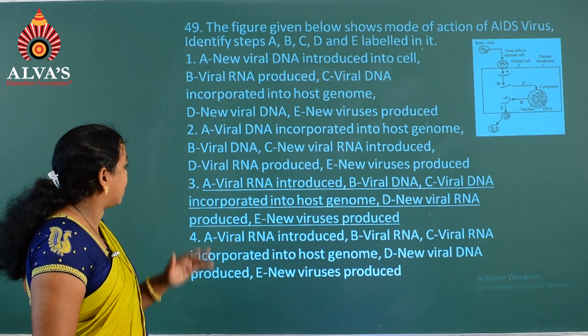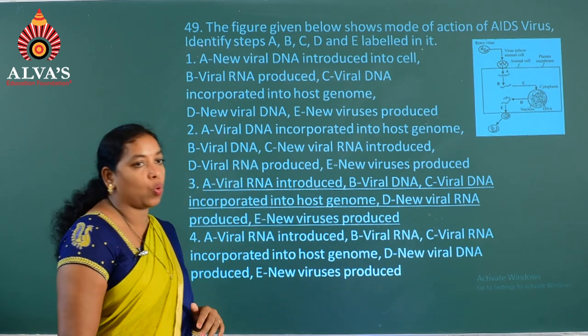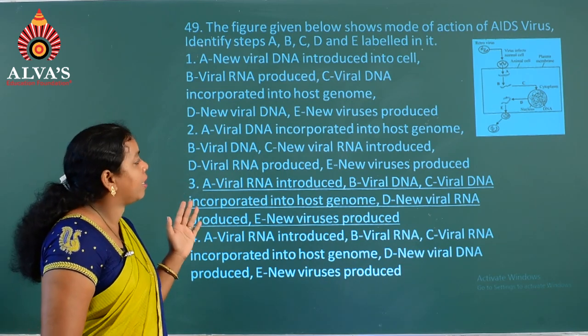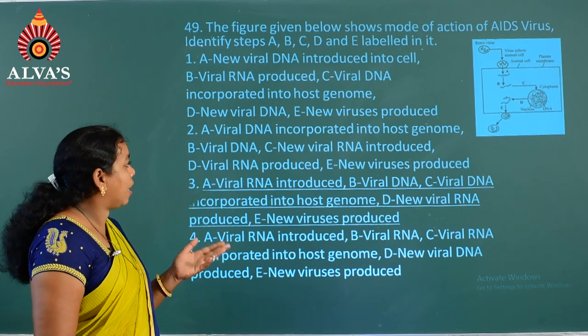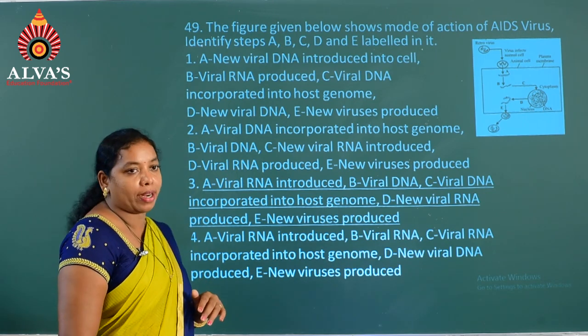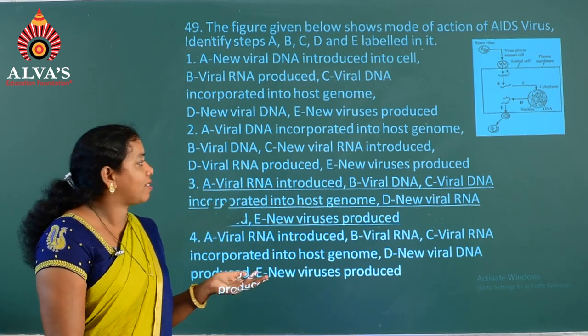Second option: A is viral DNA incorporated into host genome, B is viral DNA, C is new viral RNA produced, D is viral RNA produced, E is new viruses produced.